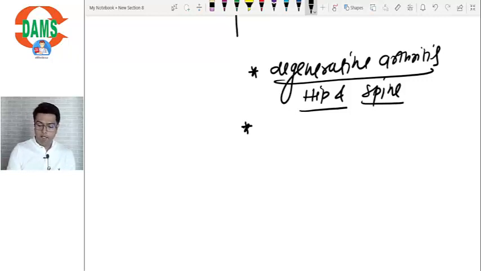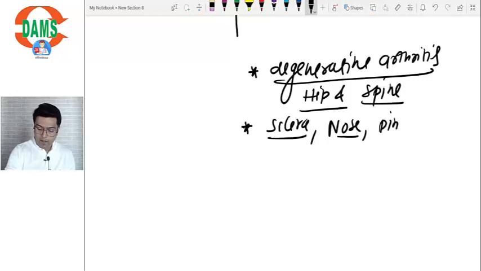The skin becomes hyperpigmented because of the deposition of homogentisic acid. The special site where this deposits and which is easily identifiable is the sclera. It may also deposit on the tip of the nose and the pinna of the ear. These are the common visible sites.